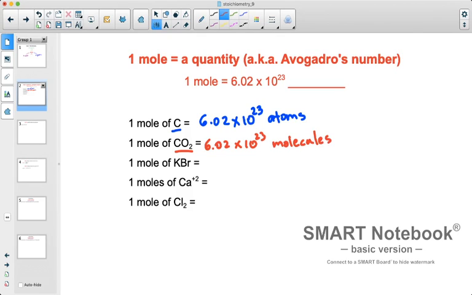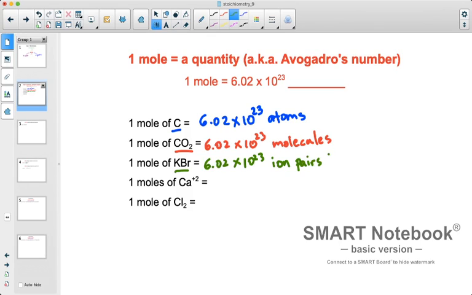All right, so let's take a look at other substances that we can encounter. KBr. KBr is an ionic compound, and if I ask for 1 mole of potassium bromide in terms of quantity, it's still 6.02 times 10 to the 23, but now watch what happens to the units. Because this is an ionic compound, I now can either write ion pairs, because it's binary.